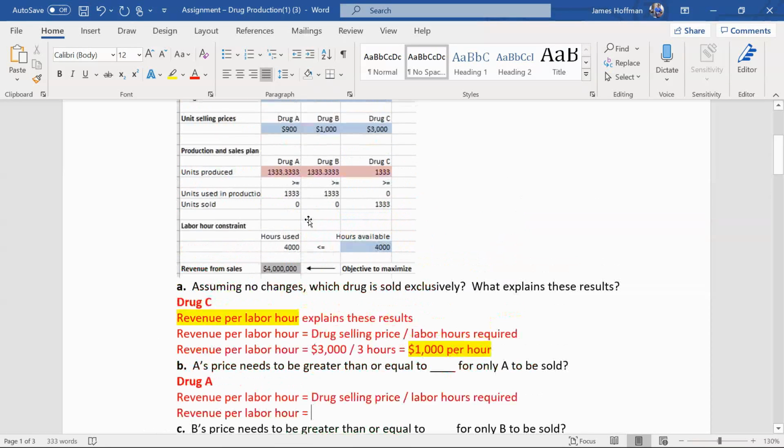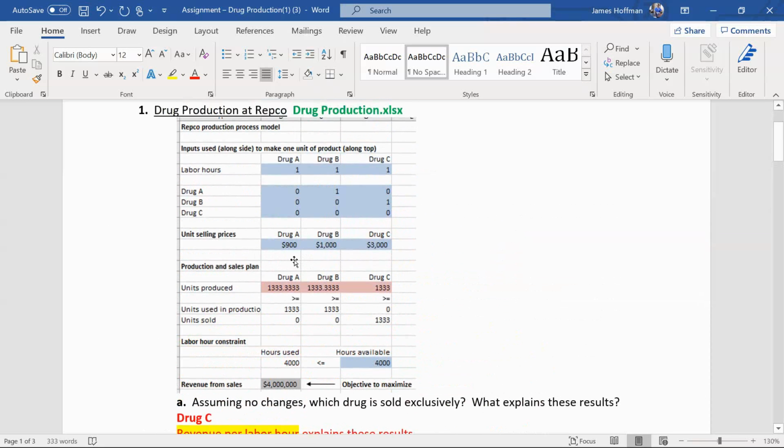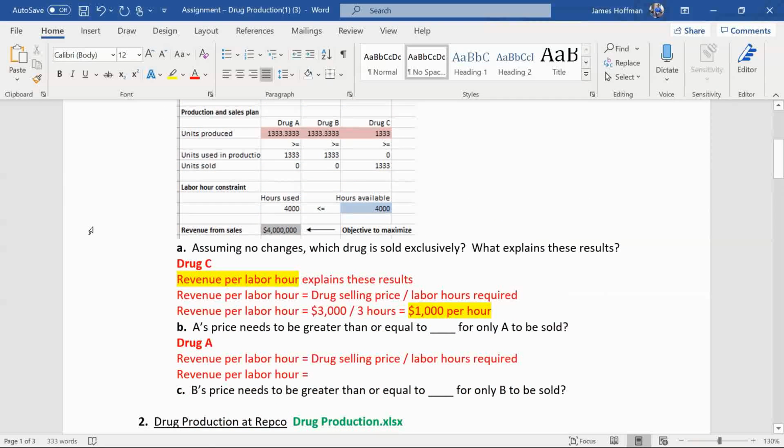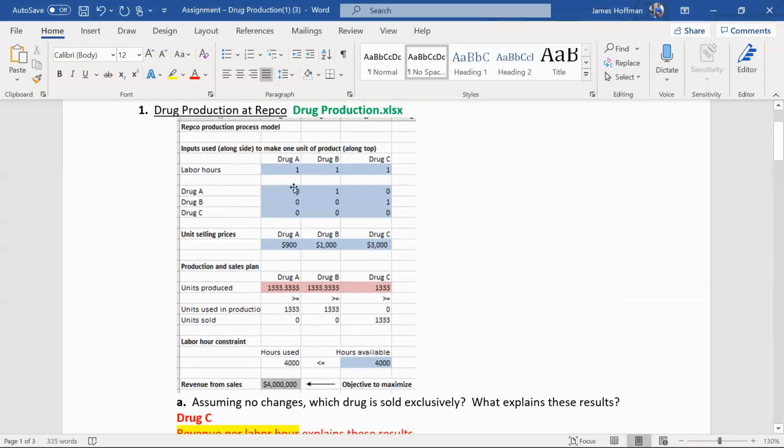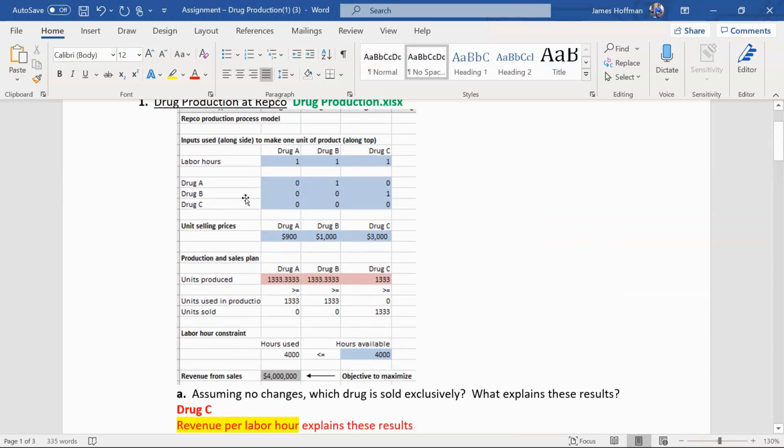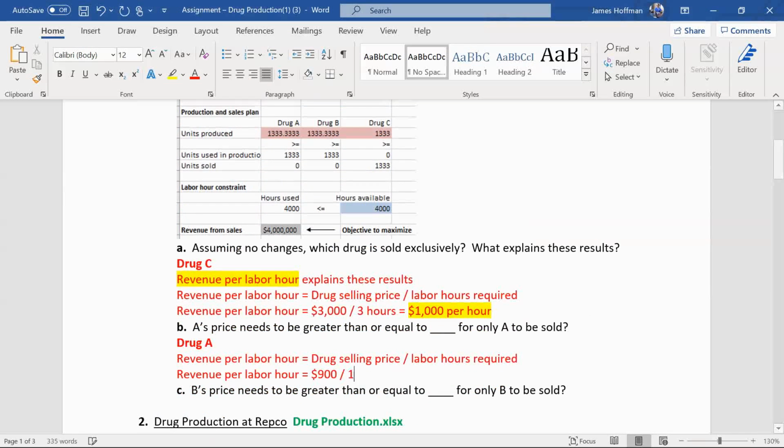You'll see drug A is selling for a price of $900. And the labor hours it takes to make drug A is just 1. There's nothing else going on, it's just 1 hour. So currently, divide 900 by 1.